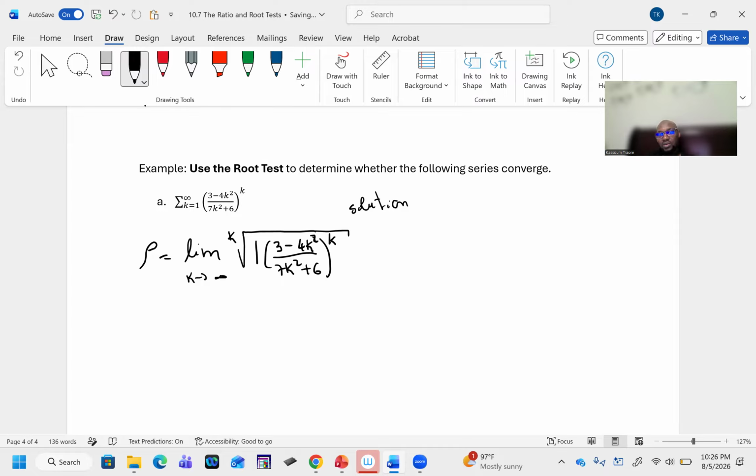So the k-th root and the power of k will cancel out.